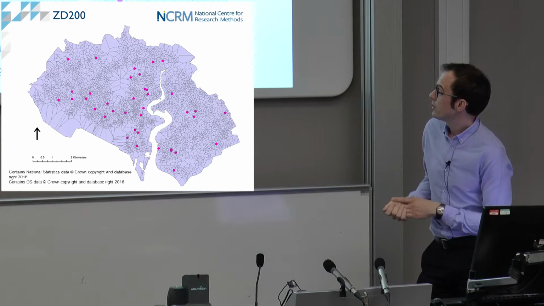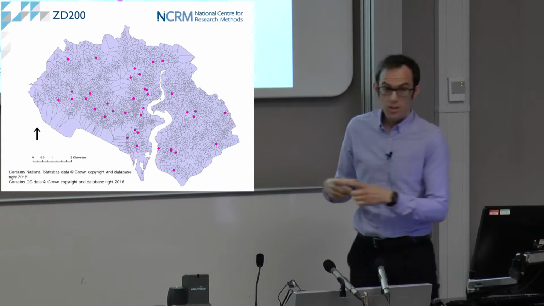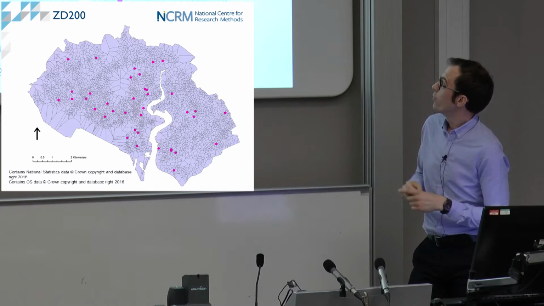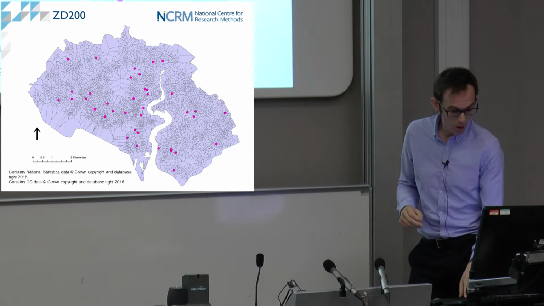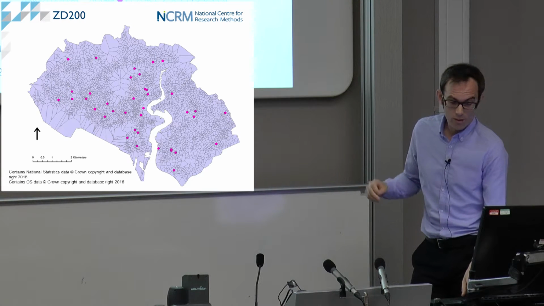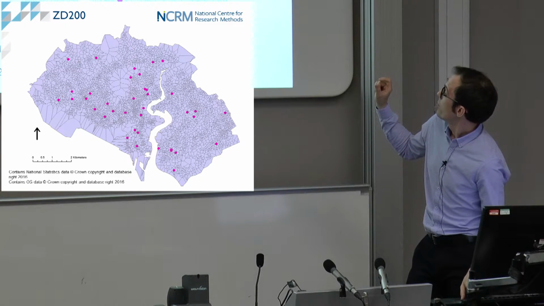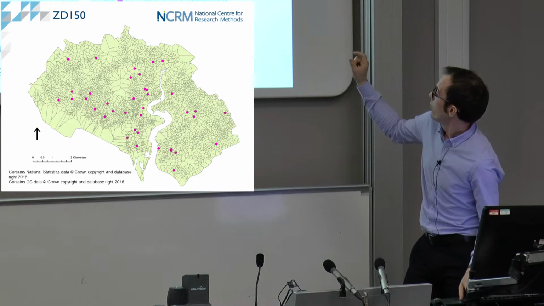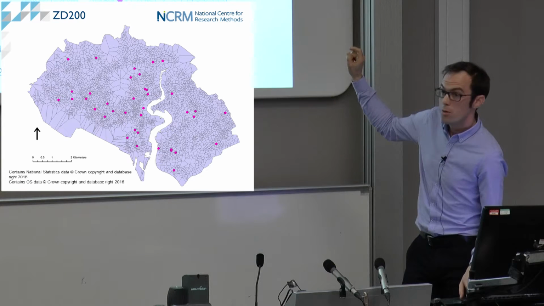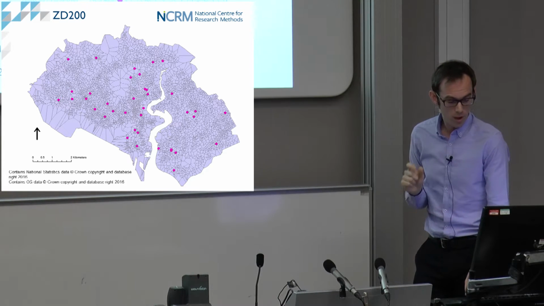The largest zonation which I'm presenting today is this one, where we're aiming for a target of 200, and you'll see that when we change between the two maps, many of the zones are being merged in order to meet that target.